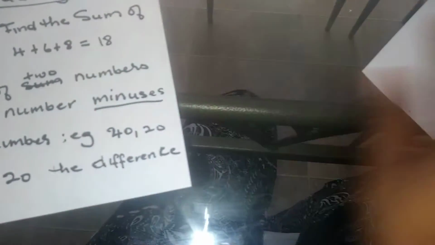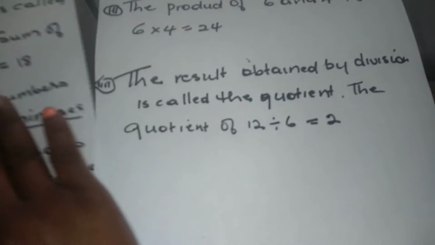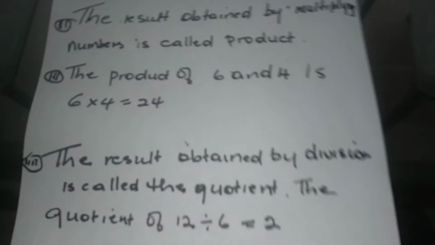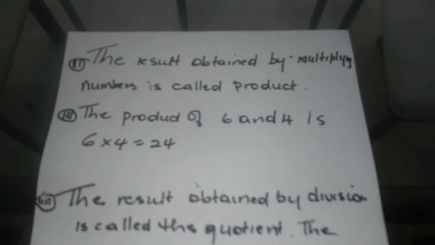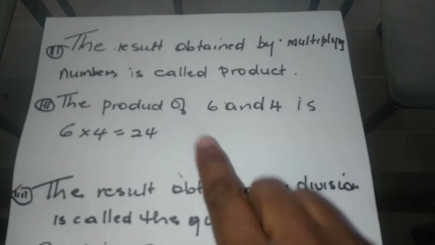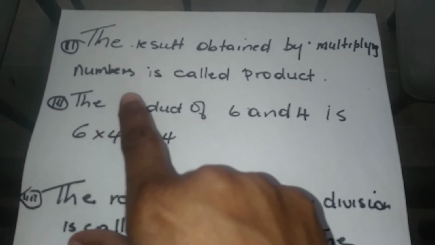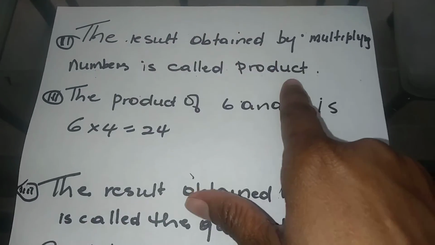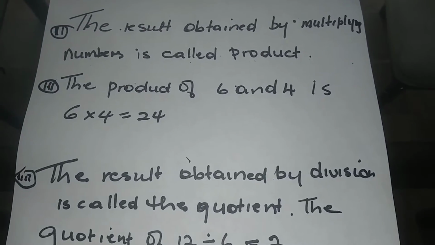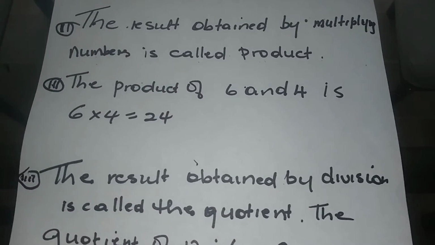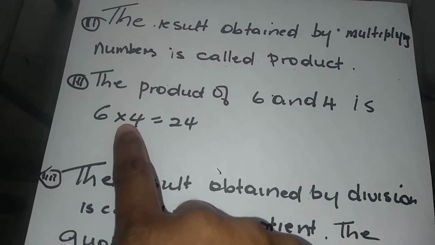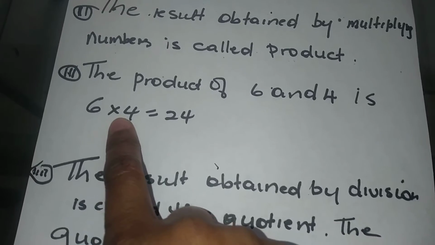Right. So we're going to look at the third operation in maths, which is multiplication. The result obtained by multiplying numbers is called the product. So the operation sign that we're looking at is the multiplication sign.